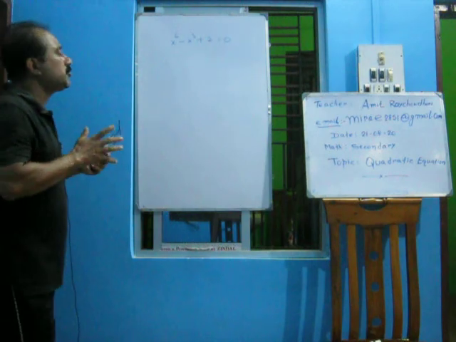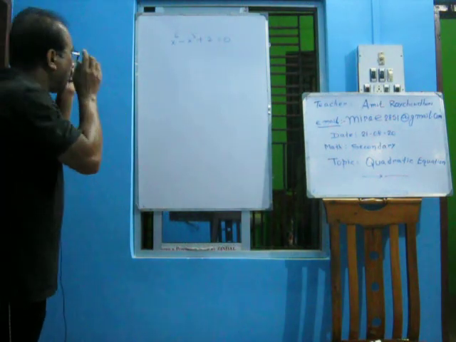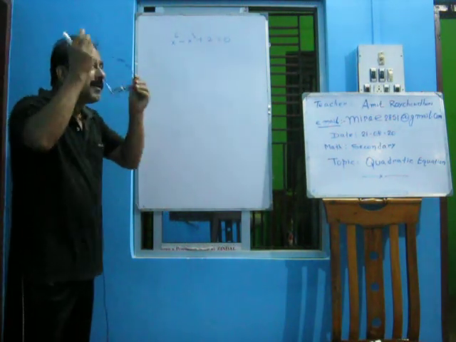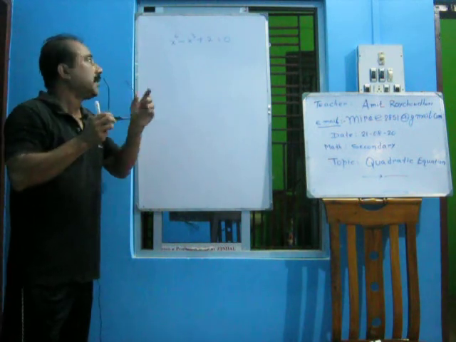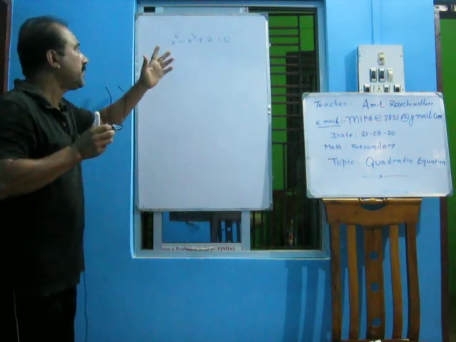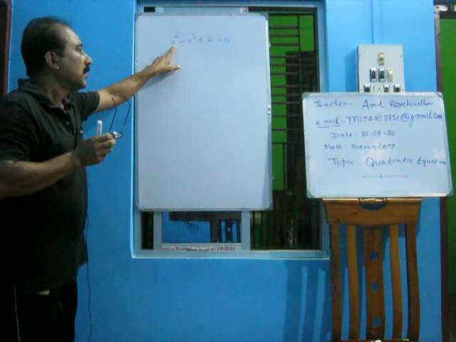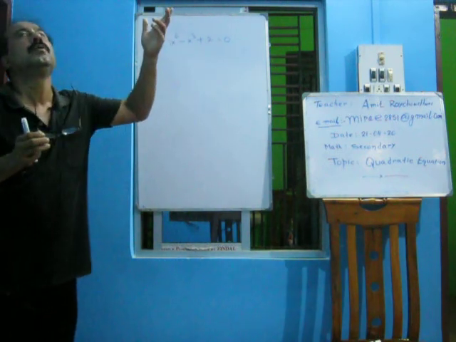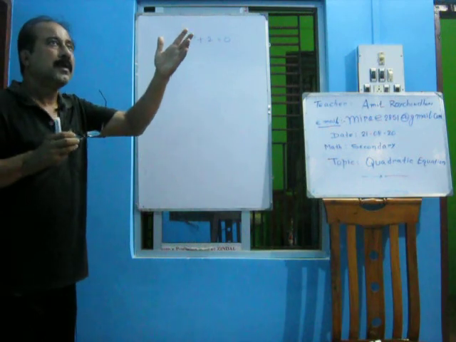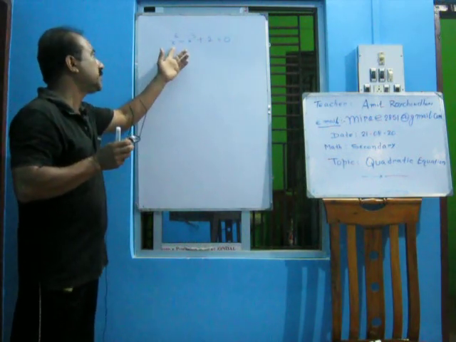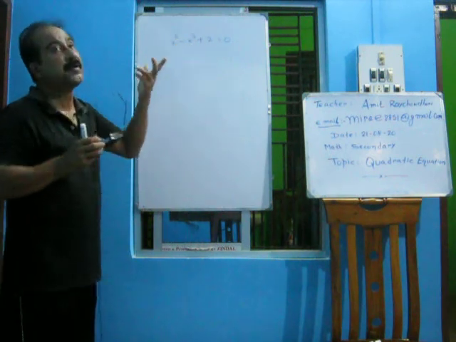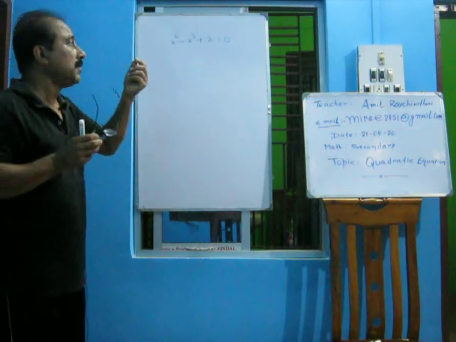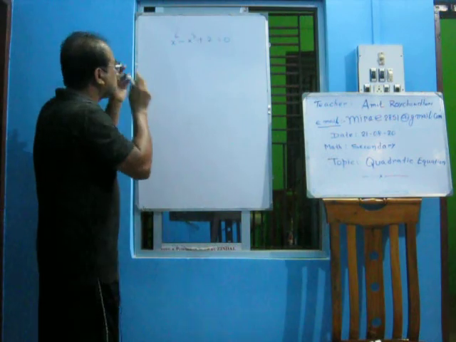Then we should not be in dilemma. We first check and remember the definition. The definition of a quadratic equation is that the variable having the power of 2 can be called a quadratic equation.